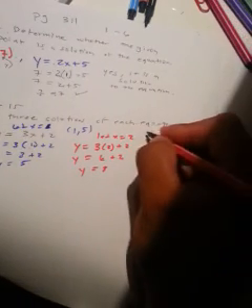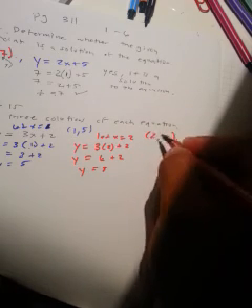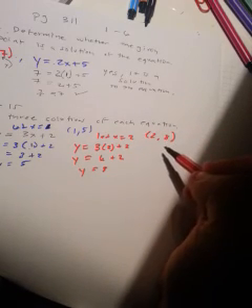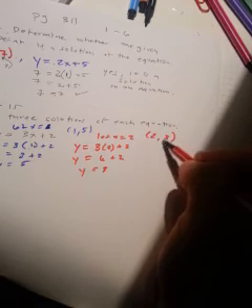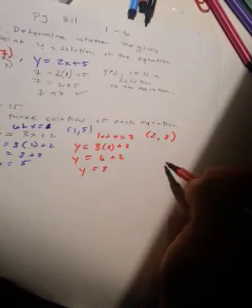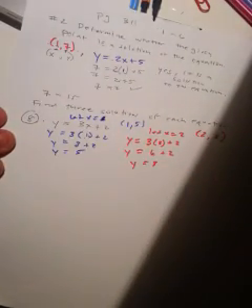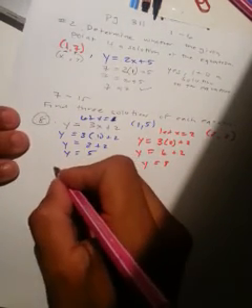So 8 will go here, and my input was 2. So my new ordered pair, my new solution of the equation is 2 comma 8. Remember, these are all arbitrarily picked, meaning they're just kind of randomly selected. I just thought of a small number and I decided to call that my input. So here's another input.